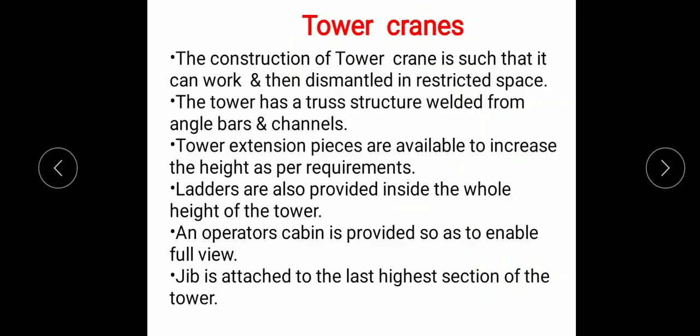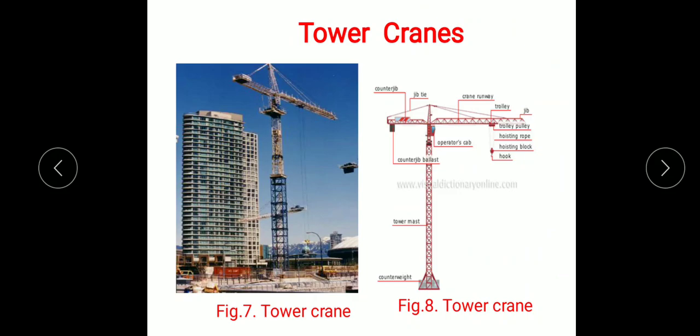Ladders are also provided inside along the whole height of the tower. An operator's cabin is provided so as to enable full view, and a jib is attached to the last, highest section of the tower. Here figure 8 shows all the parts of the tower crane, and figure 7 or photo 7 shows the actual tower crane.